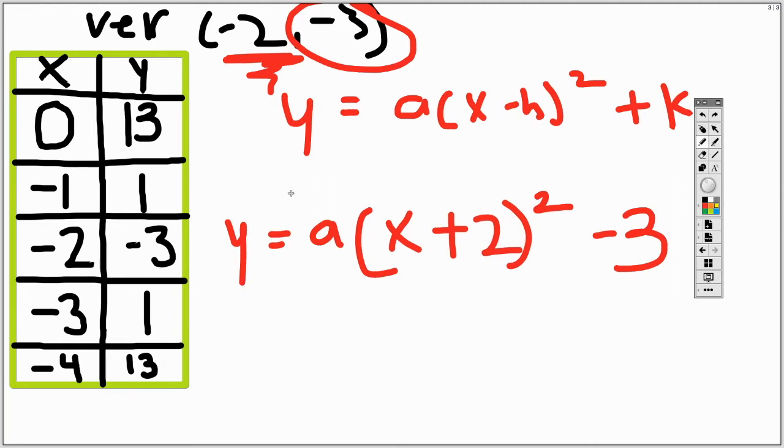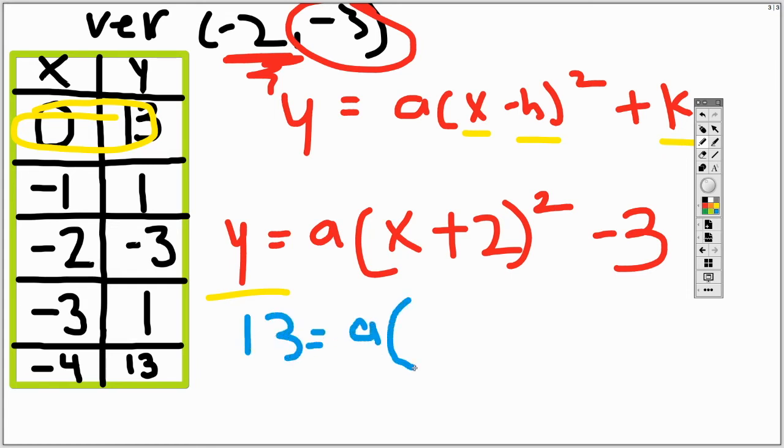Then what we will do is, we've already plugged in our h and our k, but now we're going to take another point, which is not the vertex, and use that to plug in for our y and our x. For today's purposes, I'm going to use this one. So 13 is y, so I would replace y with 13.